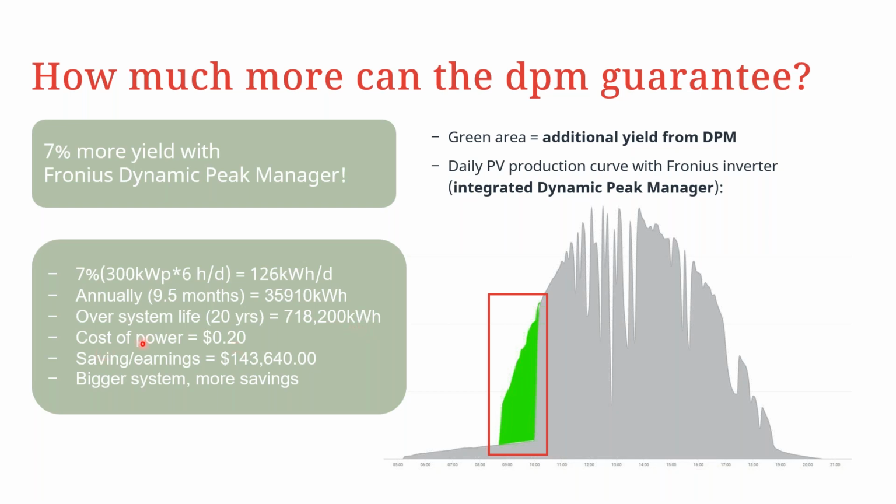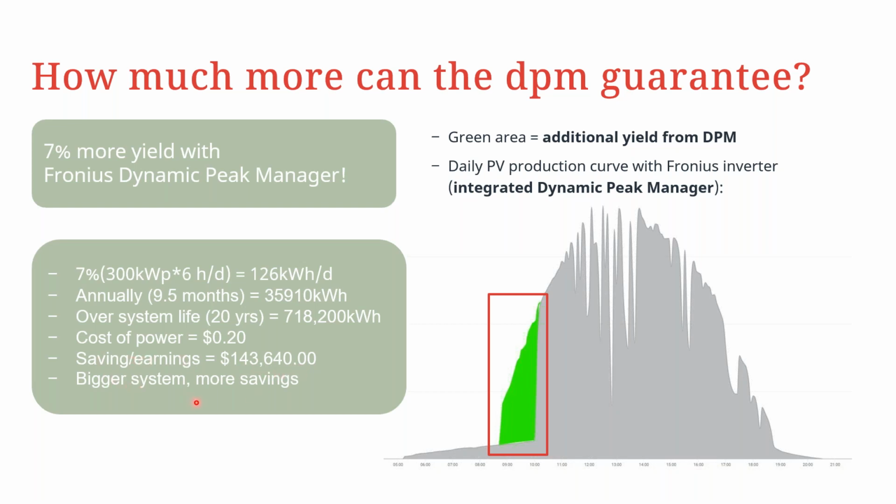So if your cost of power is about 20 cents, over the life of the system you can save, or earn in the case that you are exporting power to the grid. But if you're not exporting power to the grid, then you would have saved about $143,640.